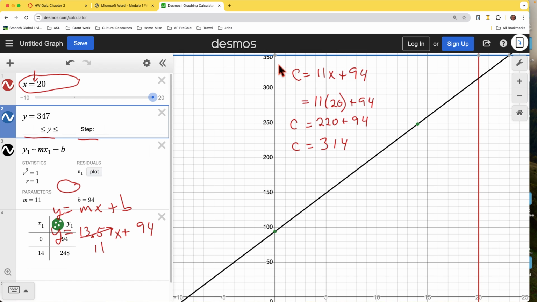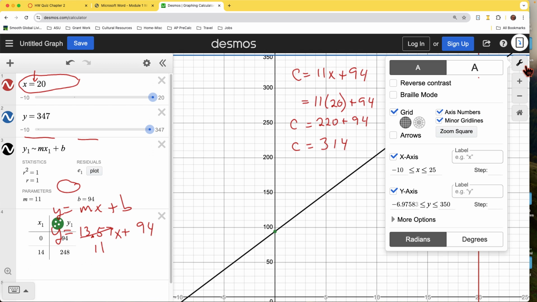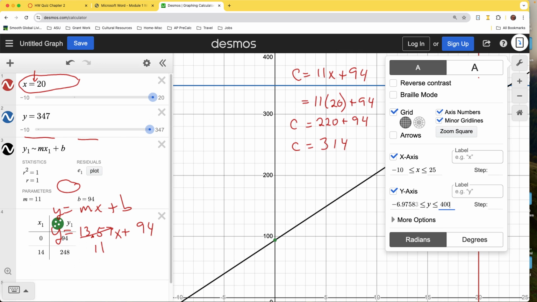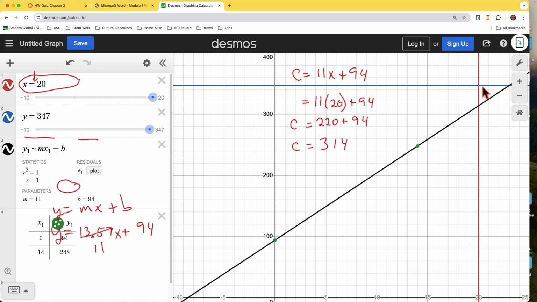Notice that gives us a horizontal line way up here. Again, if you don't quite see it, we could make our y go up a little bit higher. Let's go to 400. And again, we just click on the intersection. Desmos is going to give it. It's 347 in the year 23.